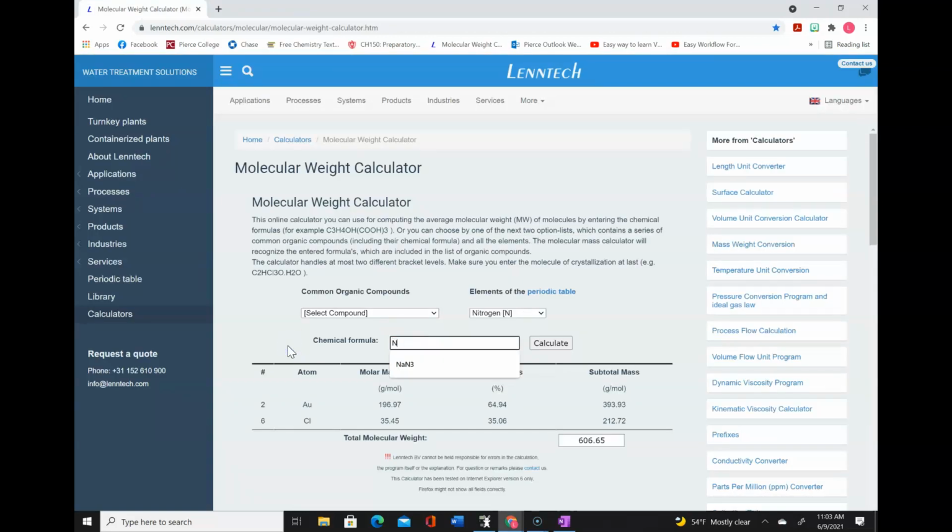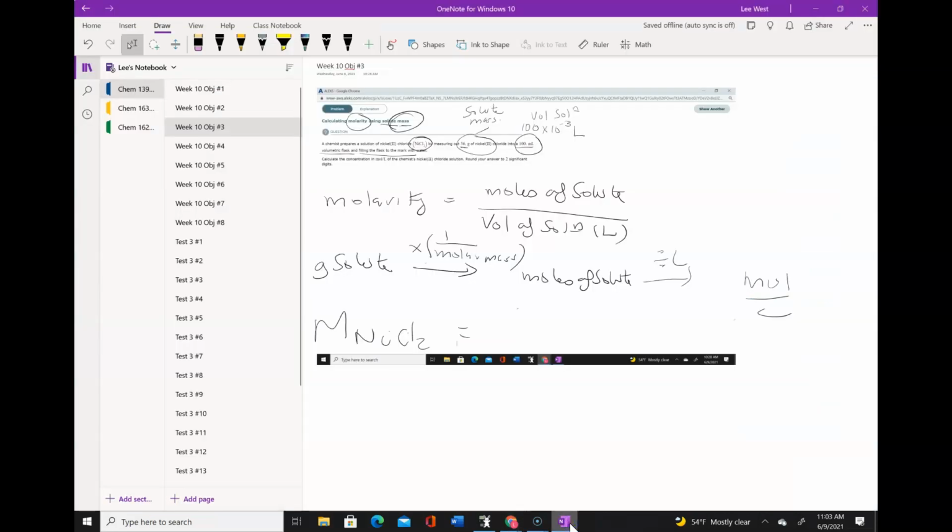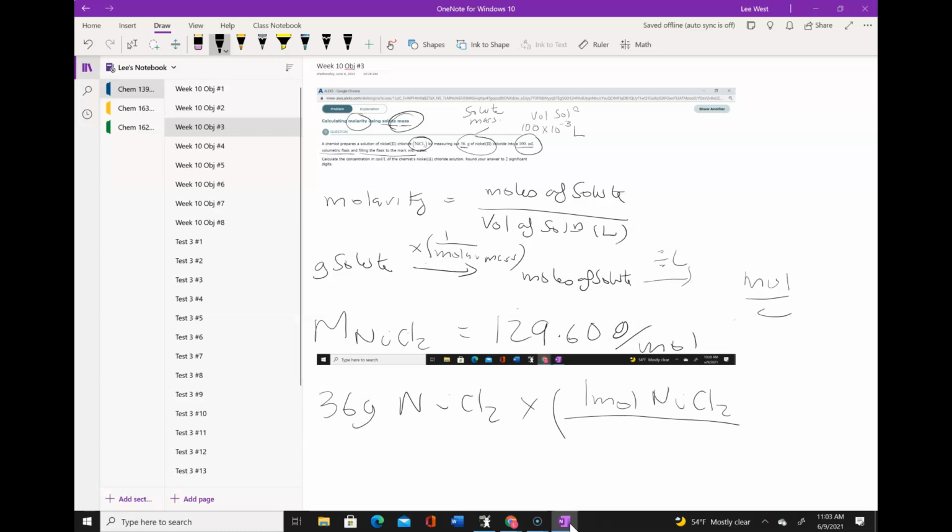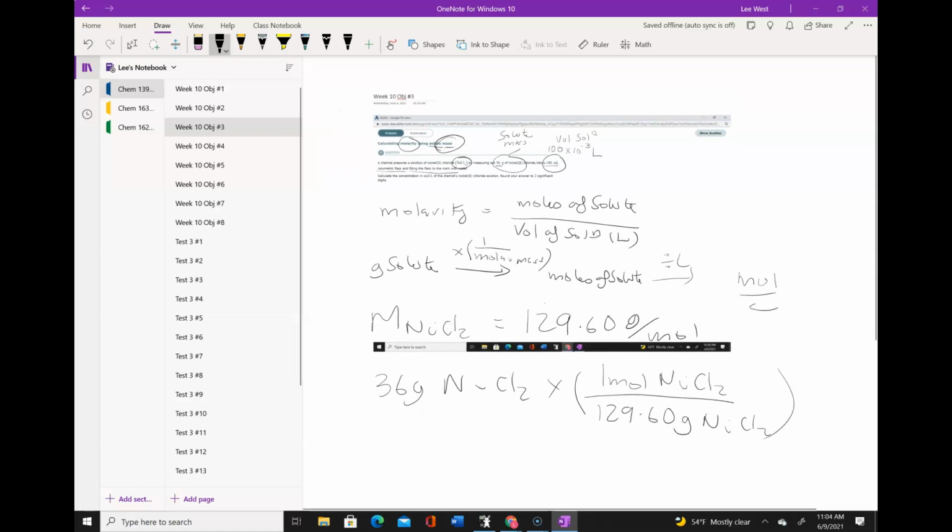So in our case, we want nickel chloride, NiCl2: 129.60. There we go. So let's see how this works. We've got 36 grams of nickel chloride, and we get 1 mole of nickel 2 chloride for every 129.60 grams of nickel 2 chloride.